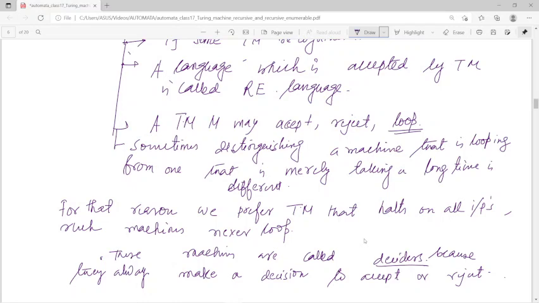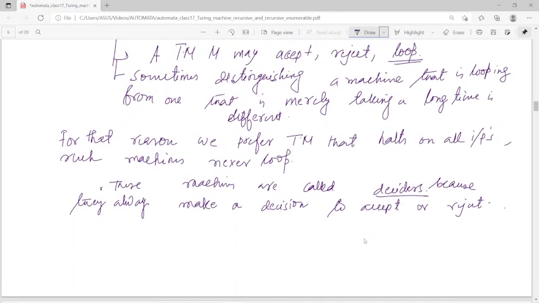That means this type of language is called a recursive language, or you can say a Turing decidable language.